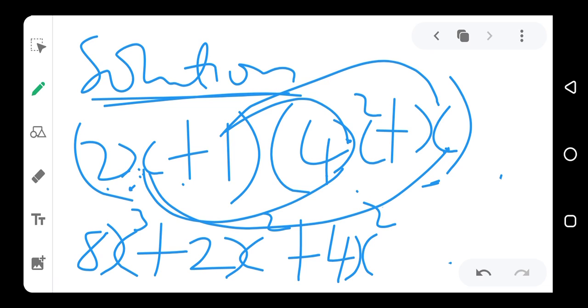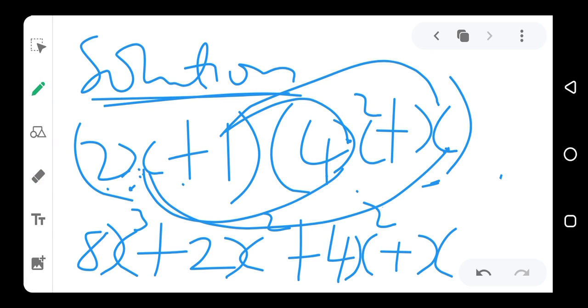Then 1 times x is plus, the coefficient of x here is 1, and there is no variable in the first one, so we bring down the variable in the second one, which is 1x. The 1x is the same thing as writing x.